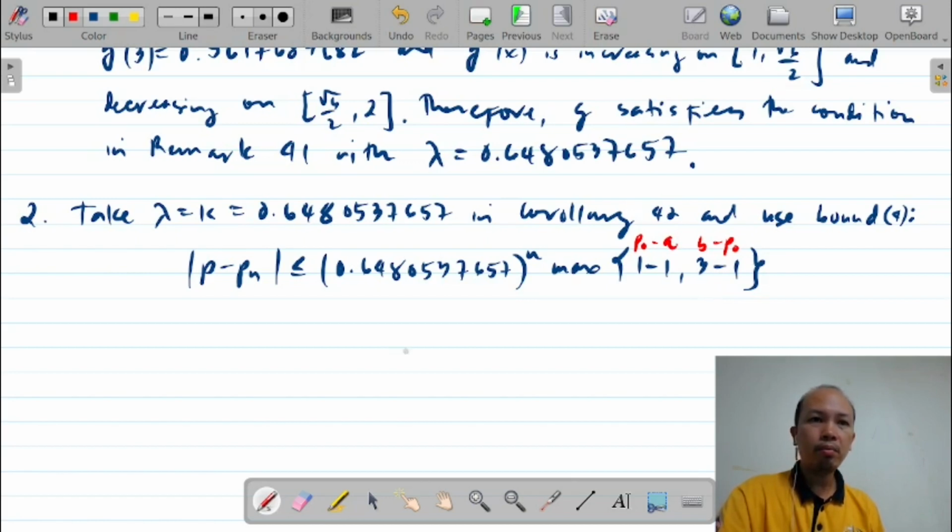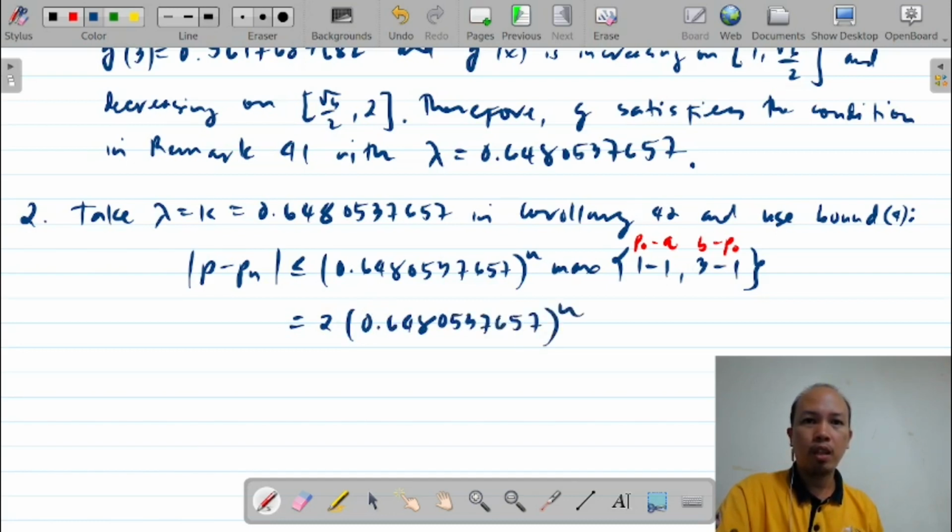Okay, so this is equal to, our max here is 2. We have 2 times 0.648 0537 657 to the n.